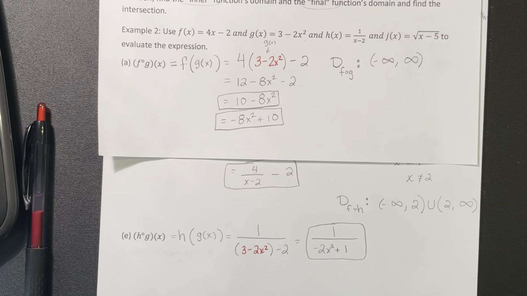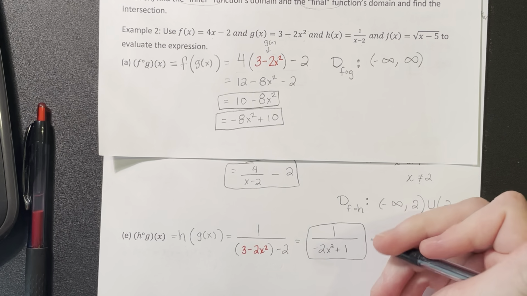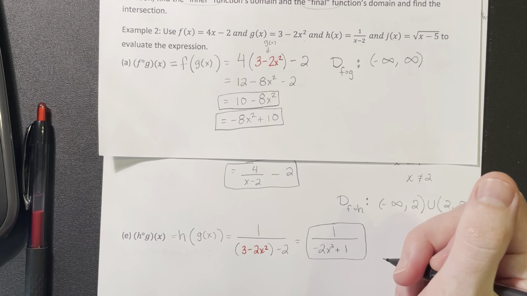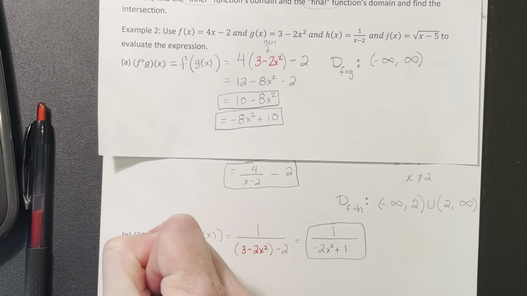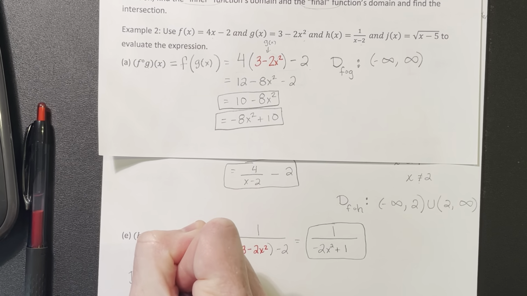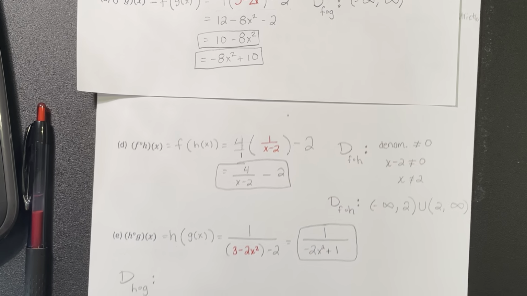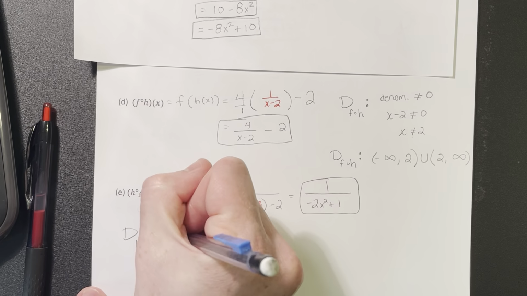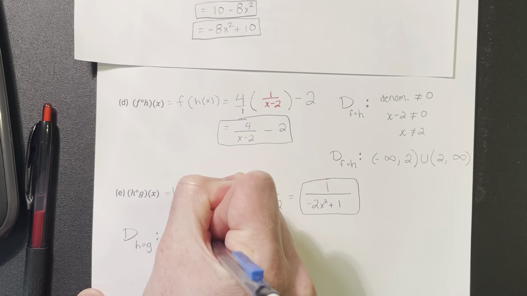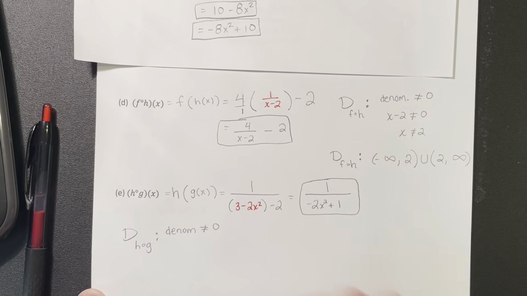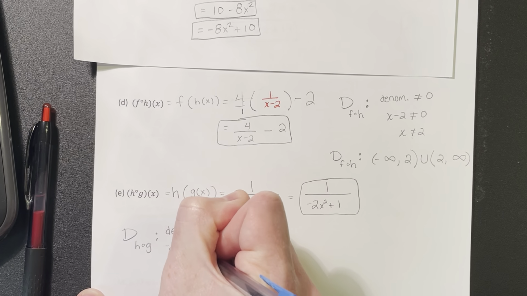And that's fine. It doesn't have to simplify any further, but the domain for this, domain of h of g, has the same restriction of where the denominator cannot be 0. So our denominator is negative 2x squared plus 1.